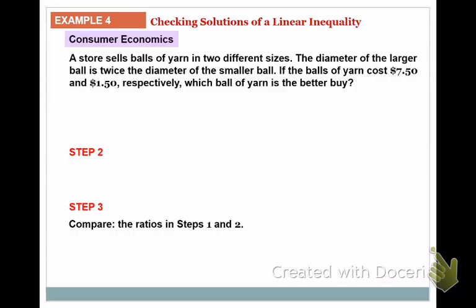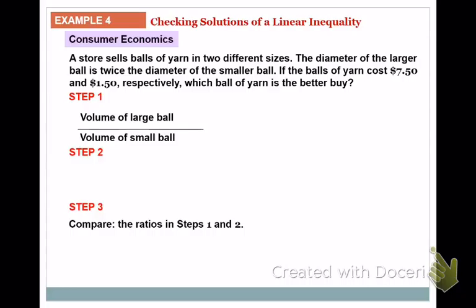So what we would do on this problem is get the scale factor. Okay, so that's step 1. Oh, okay. So they must sell the balls of yarn by volume. They should tell you that, because I didn't know whether balls of yarn were sold by diameter or what, but they're sold by volume.